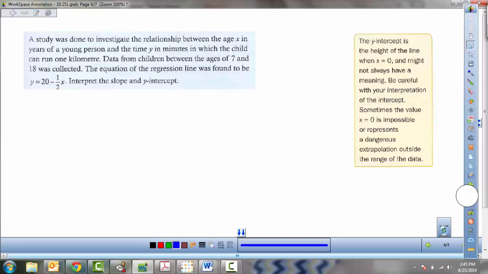The last two examples are looking at, do you understand what these regression equations mean? So we have a study investigating the relationship between age and the time in minutes the child can run 1 kilometer. We collected data between the ages of 7 and 18, and we came up with this equation for our regression line. What does slope and y-intercept mean? Well, slope is negative 1/2.